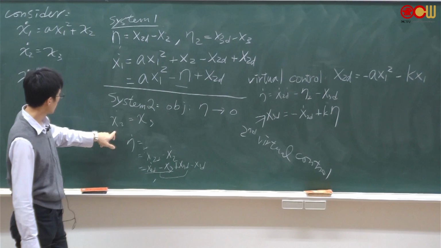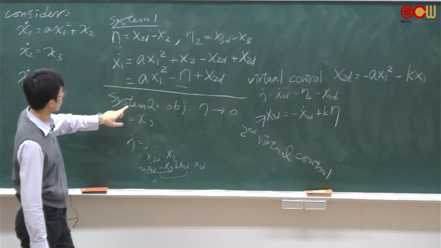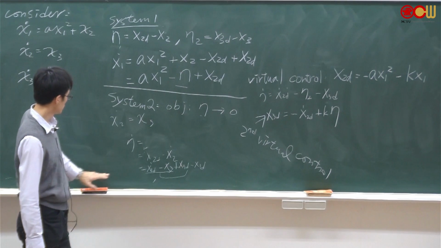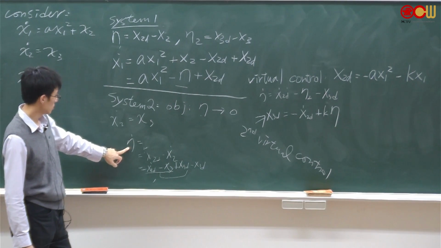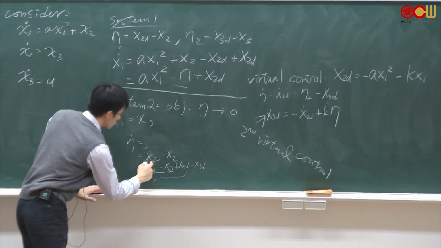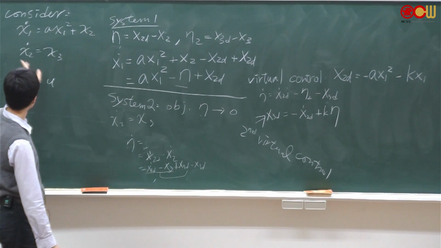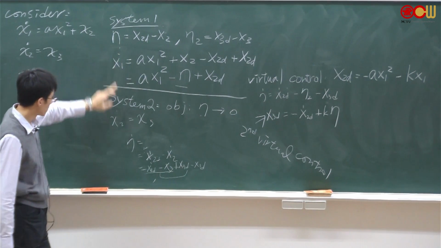So eta in the second system, the objective is for eta goes to 0. So we want to analyze the eta dynamics. So we take the time derivative. You got x2d dots minus x2 dots, right? According to this definition.